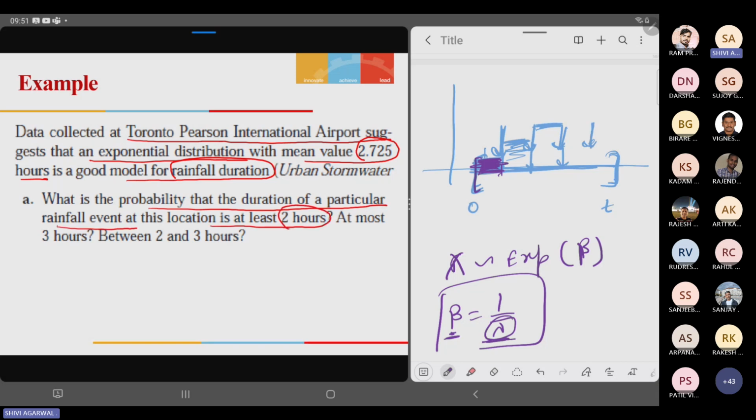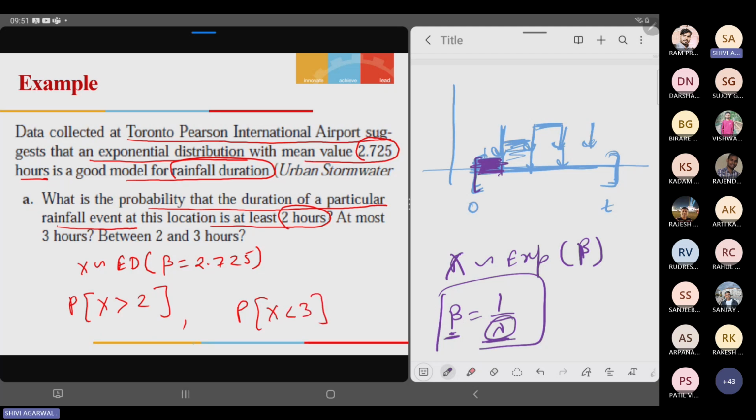So x follows the exponential distribution with beta equal to 2.725 hours, and they are asking about the probability when x is at least 2 hours. The next is at most 3 hours, and the next one is 2 less than x less than 3. This is a direct question on the exponential distribution.